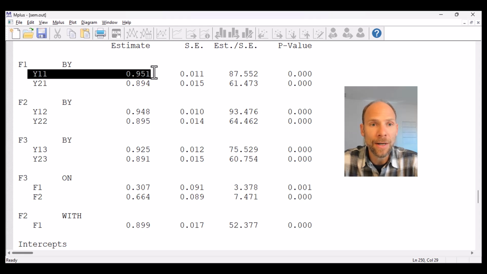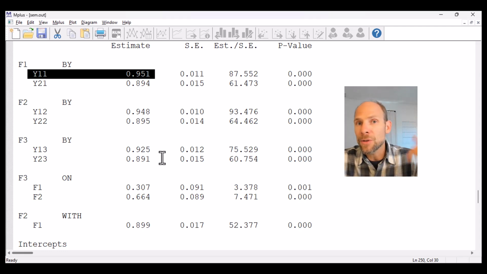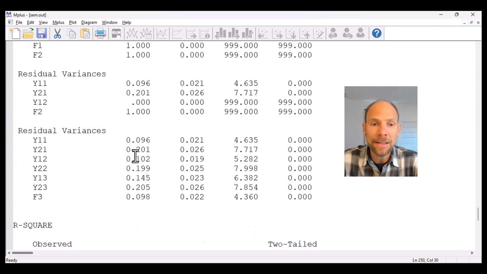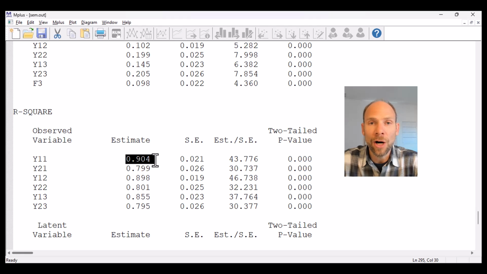Y11 has a factor loading of 0.951. When you square that, this yields 0.904. And so that's the reliability of that indicator. It means that 90.4% of the variance in the indicator Y11 is accounted for by the factor.